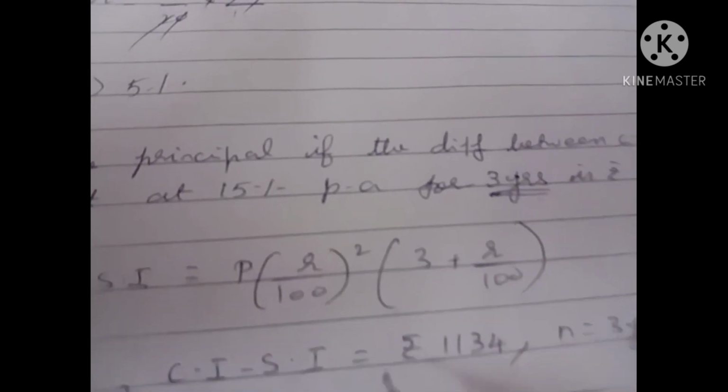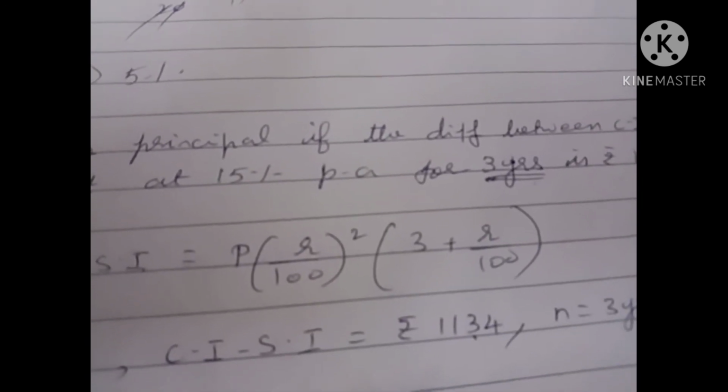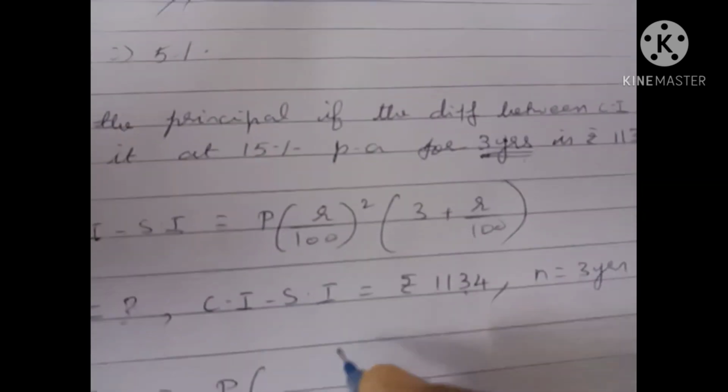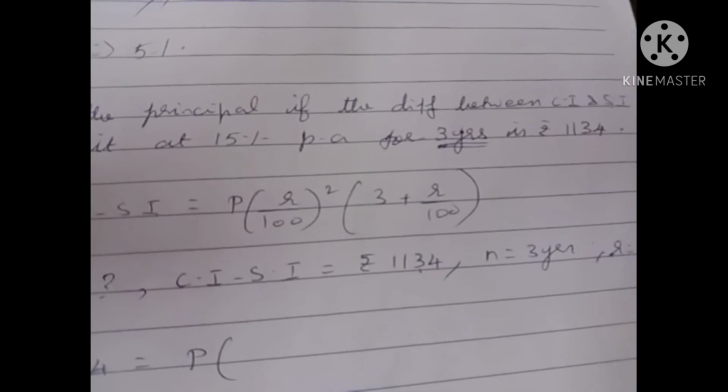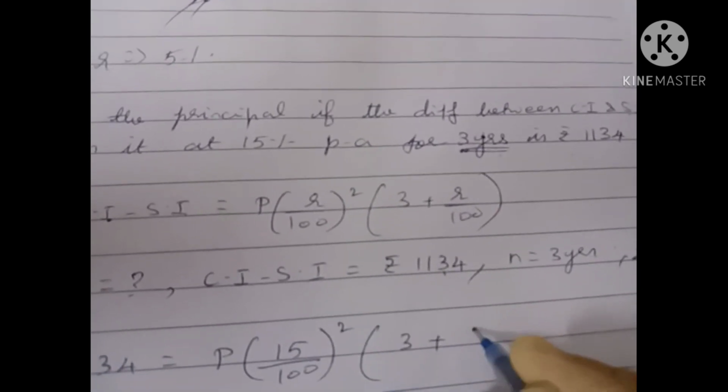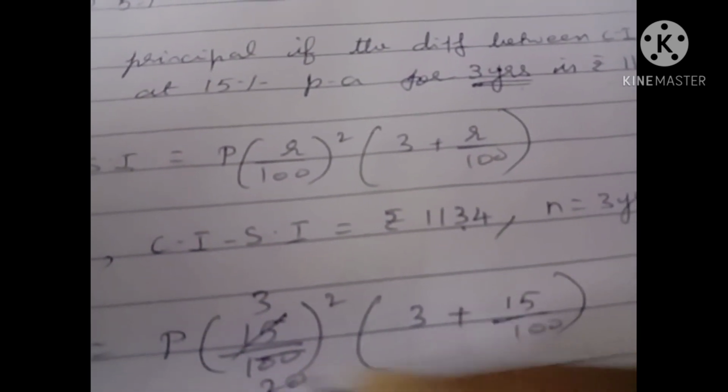Therefore CI minus SI is 1134 is equal to P into R value. R is equal to 15%. R value is (15 by 100) the whole power 2, (3 plus again 15 by 100). So if you cancel this one in the 5 table, 5 threes are 15, 5 twenties are 100.